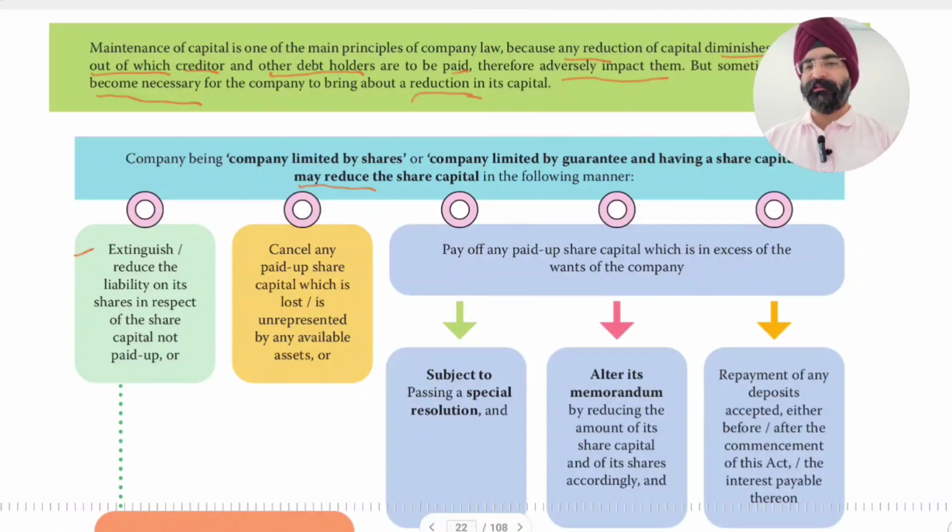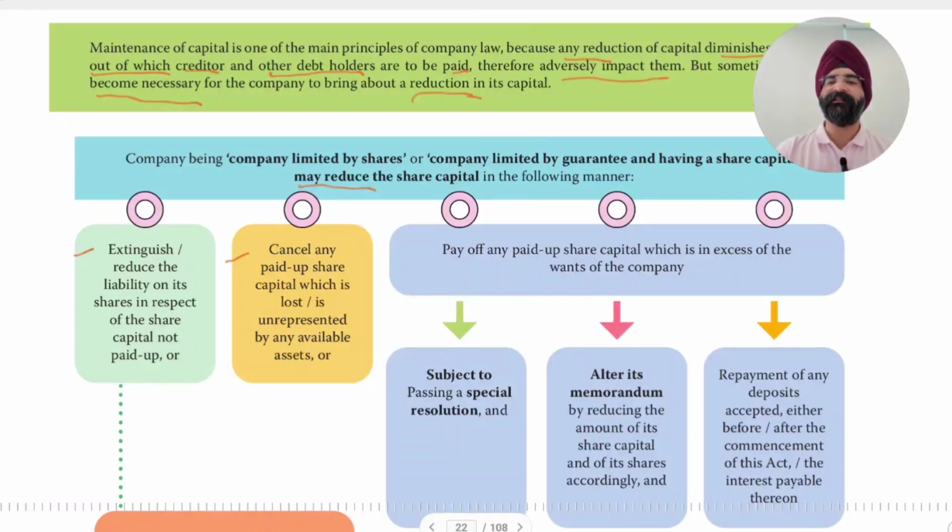First, extinguish or reduce the liability on its shares in respect of the share capital not paid up. So a certain portion of share capital is not paid up and we extinguish or reduce that liability, so that you do not need to pay it further. This is also a reduction in share capital.